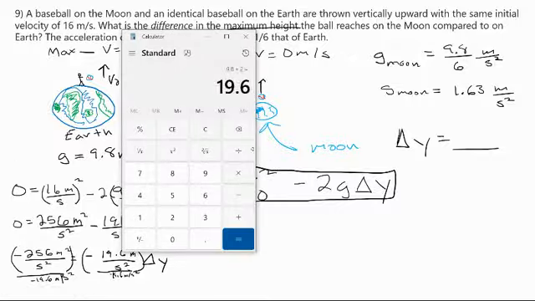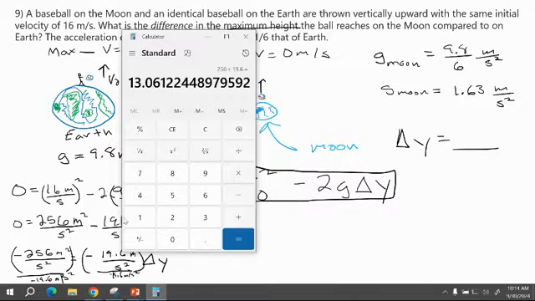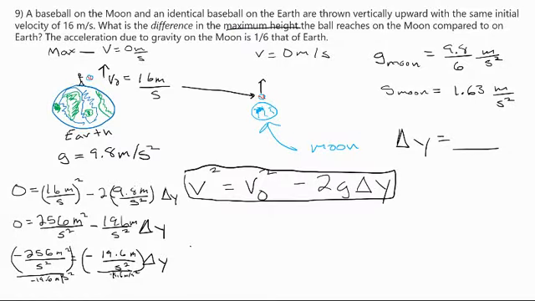So the negatives cancel, and I get 256 divided by 19.6. And it's about 13, right? So we'll say that delta y is about 13 meters.